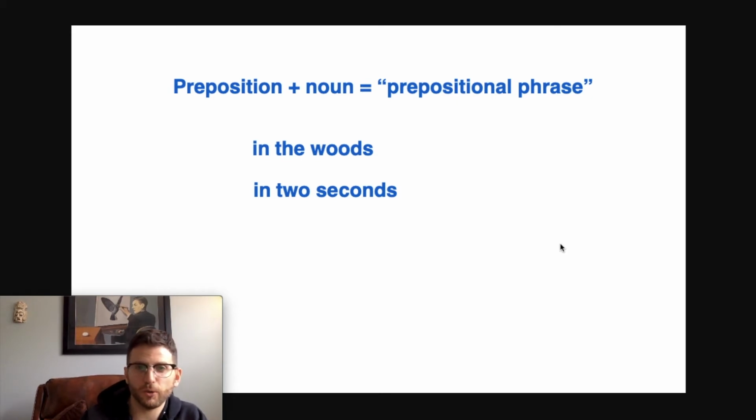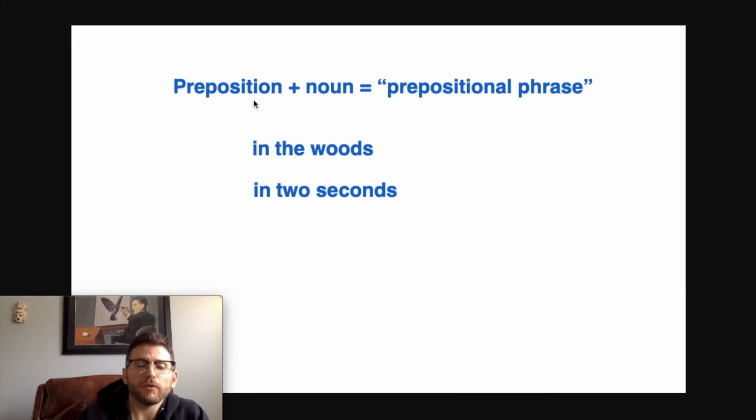So if you look at my little equation here, preposition plus noun, that preposition is always going to be in this place. It's never going to be on the other side of the noun, right? So I've got my preposition plus my noun, and that preposition plus the noun is called a prepositional phrase. So I gave you some sample sentences before, like in 5 minutes, in my backpack. So that preposition plus the noun that follows it is what's called a prepositional phrase.